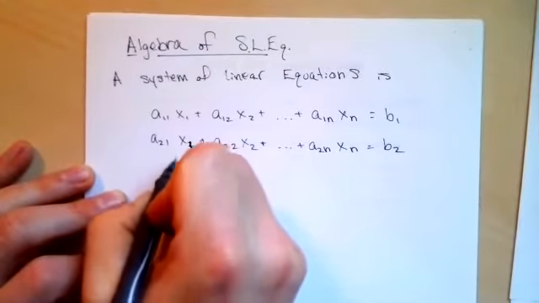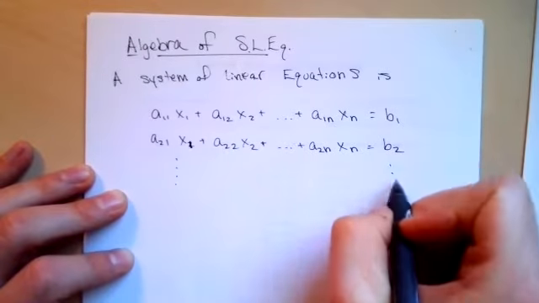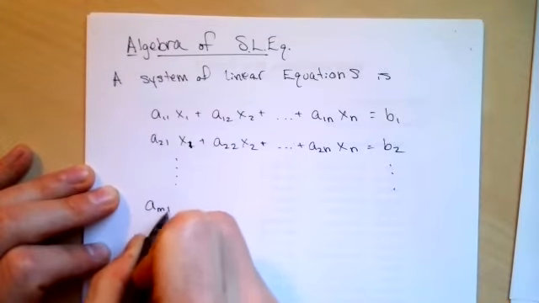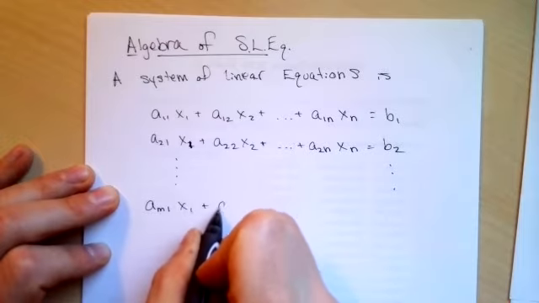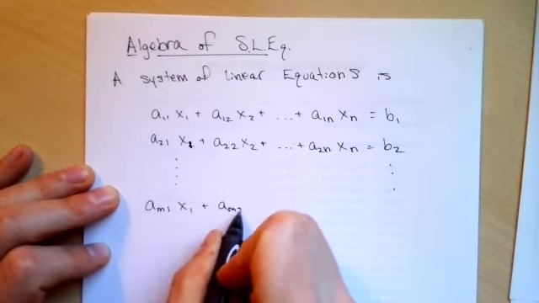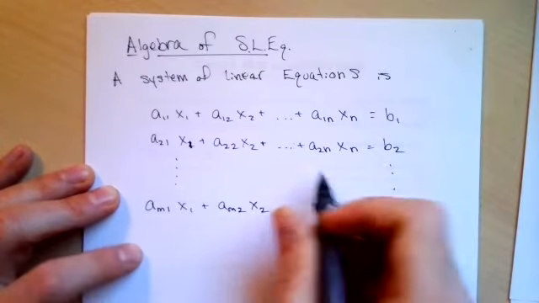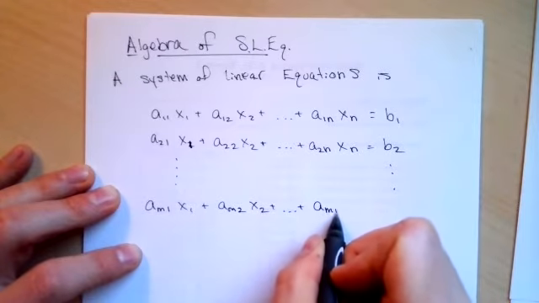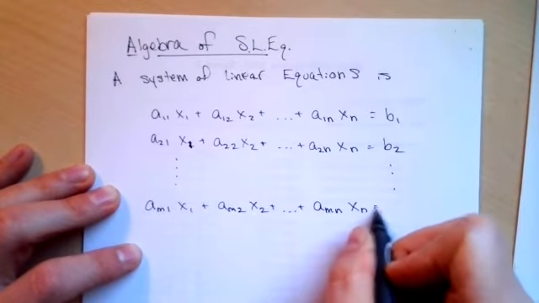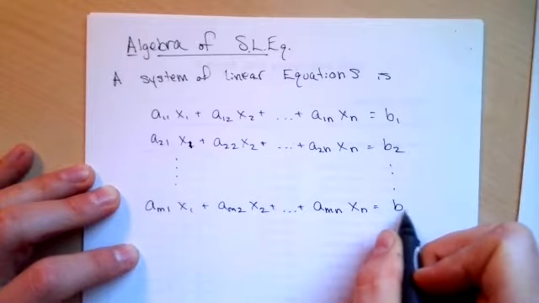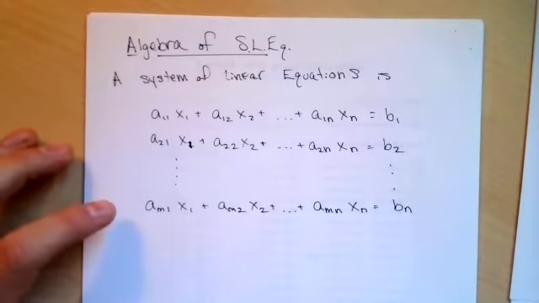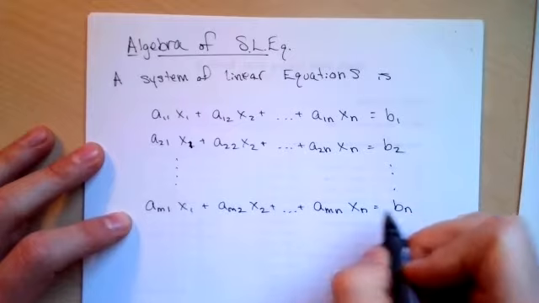And we're going to keep going. So however many equations we have, am1 x1 plus am2 x2 equals bm.